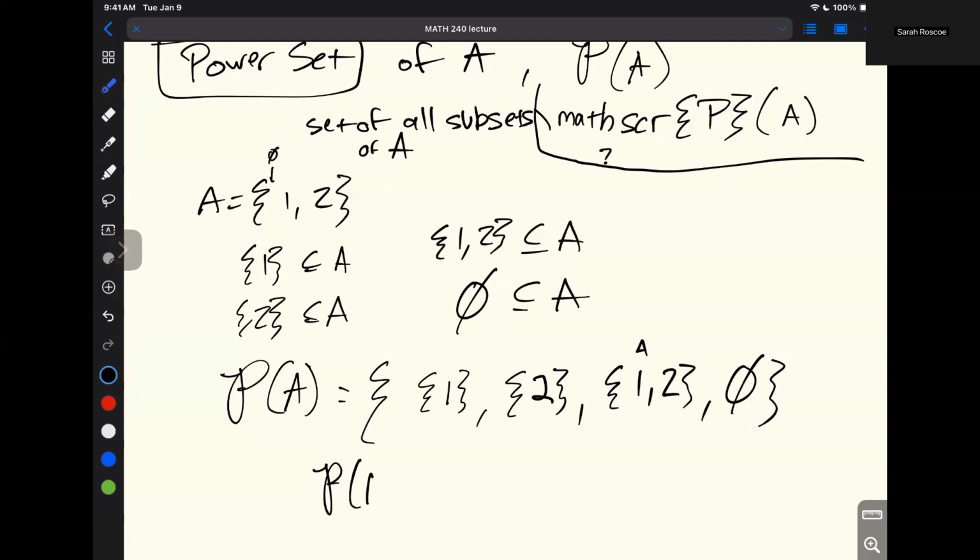What's the cardinality of the power set? 4. What's the cardinality of A? 2. Okay, so it's a multiple.